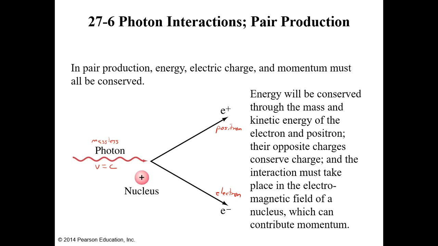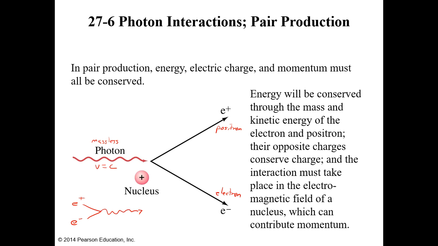These things don't last long. If you get a positron in nature, it's going to soon encounter an electron, and when they do, they're going to annihilate each other and turn back into a photon. Now here's the weird thing.